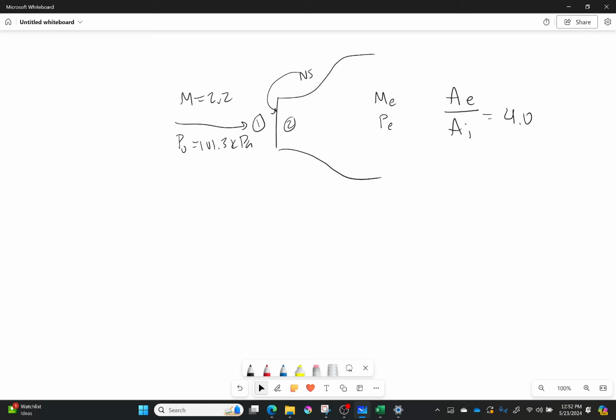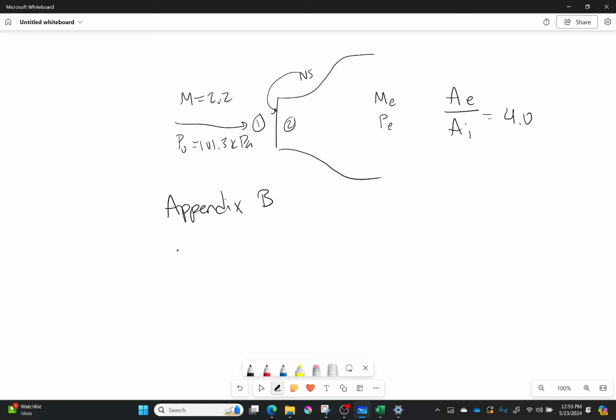Okay, now some of these things we can do pretty simply. So first off, let's figure out what happens right after that shock wave, because that's going to be very, very helpful to us. We have a shock wave, we know what M is, so we're going to go to Appendix B, the normal shock properties.